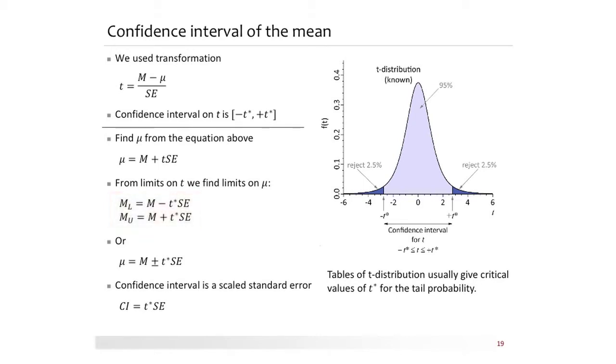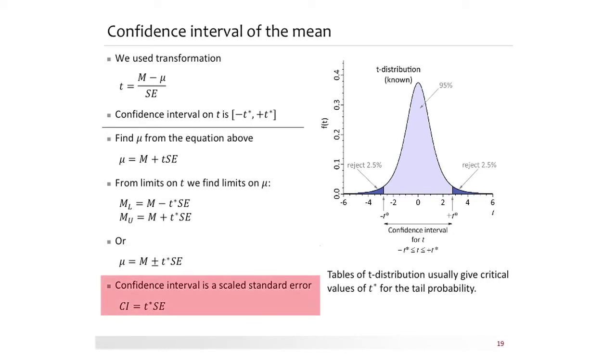Mind you, these are not limits on the sample mean. If you calculate a confidence interval, it's on the population mean. The lower limit is m minus t star times SE, and the upper limit is m plus t star times SE, or you can just write it m plus or minus t star times SE. So you can see this is the formulation of our confidence interval.